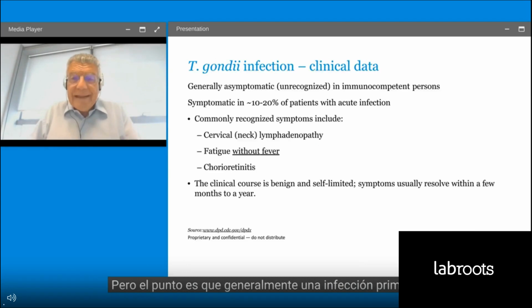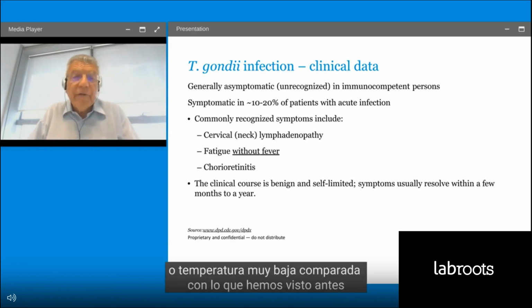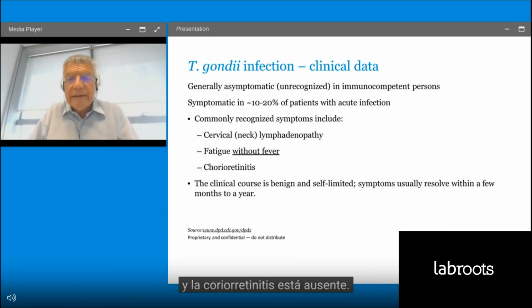The point is that generally, a primary infection by Toxoplasma gondii is asymptomatic in immune-competent persons. This is a 34-year-old young male. It's symptomatic in 10 to 20% of cases, and commonly it has lymphadenopathy, which we did see in that case, fatigue, no fever, or very low temperature compared to what we've seen before, chorioretinitis that was absent, and the clinical course is benign and self-limited.